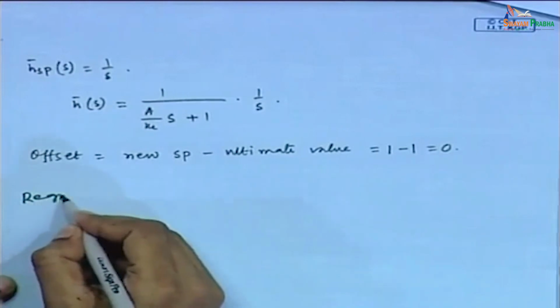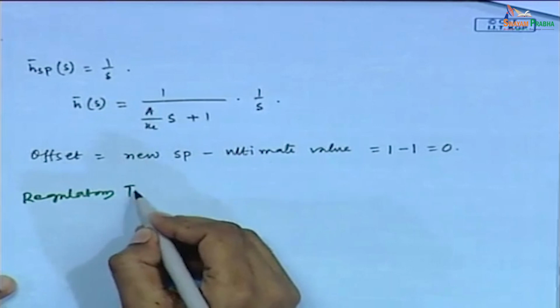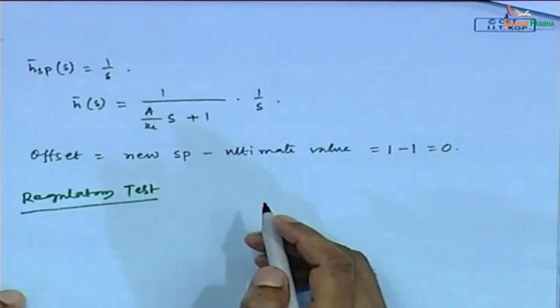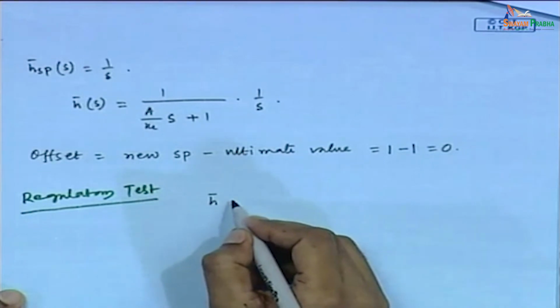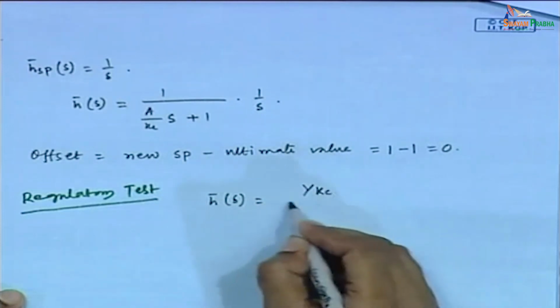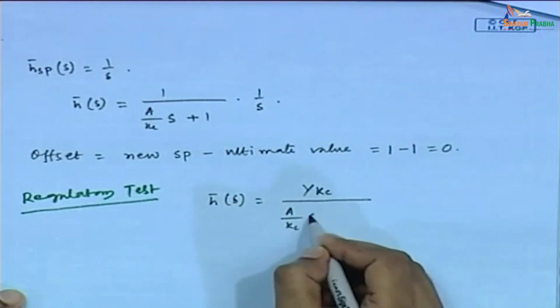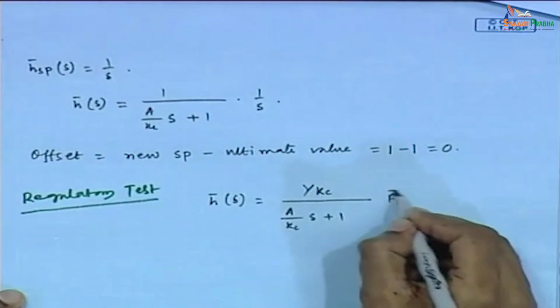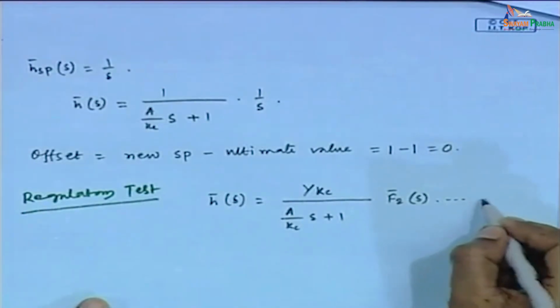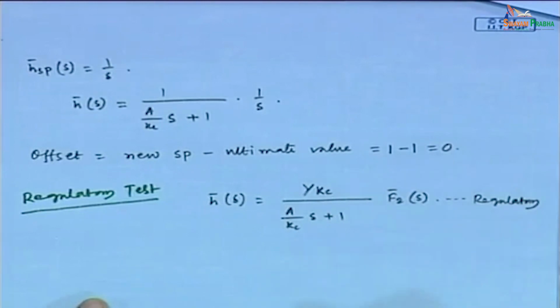So, next we will conduct the regulatory test and we will see what the offset is. Our closed loop transfer function is H bar S equals (1 by Kc) divided by (A by Kc S plus 1) F2 bar S. This is the closed loop transfer function for the integrating system when no change is introduced in the set point. So, this is for the regulatory case.